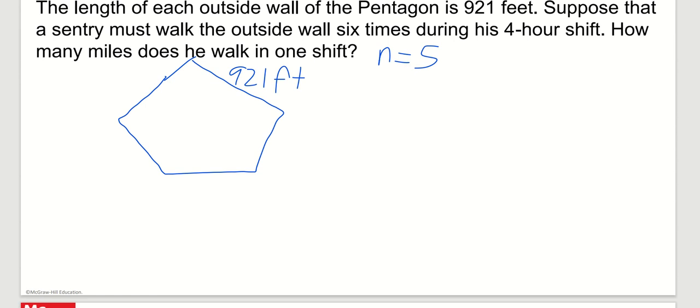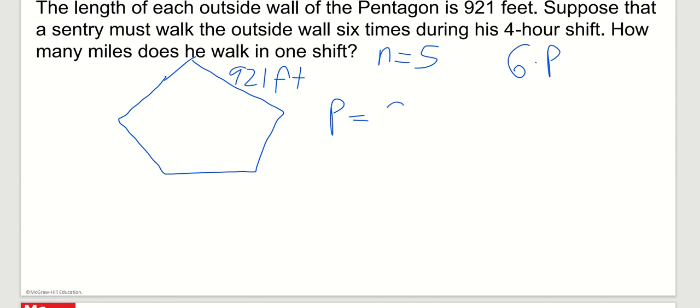So this is one of our word problems. We kind of need to read it through and see if we can understand exactly what's being asked of us. Here we're asked to find the distance this person walks in miles. To start, notice that they say that they're going to walk around the outside 6 times. So that should be 6 times the perimeter of this figure. Well, let's find the perimeter of this pentagon.